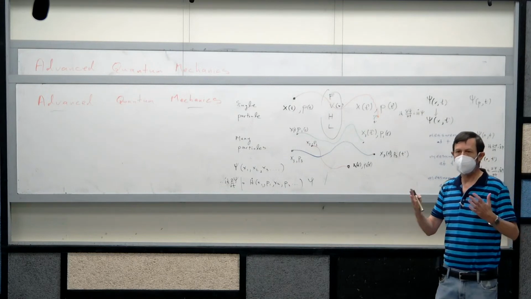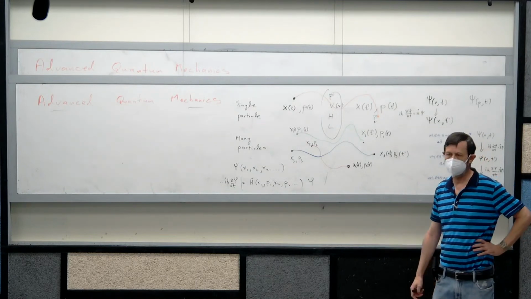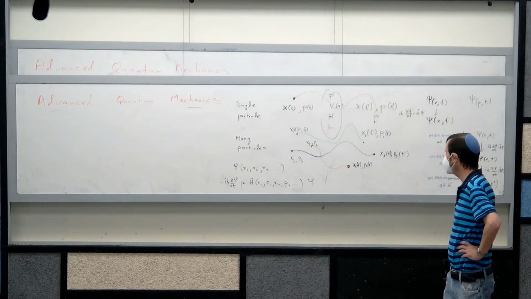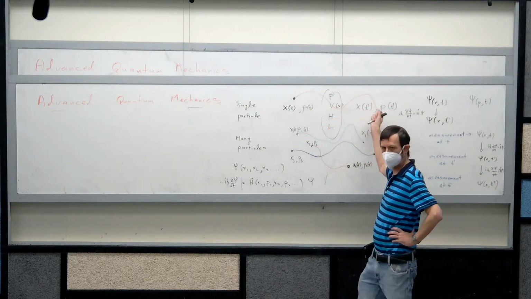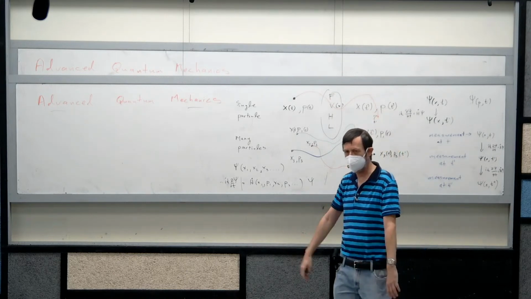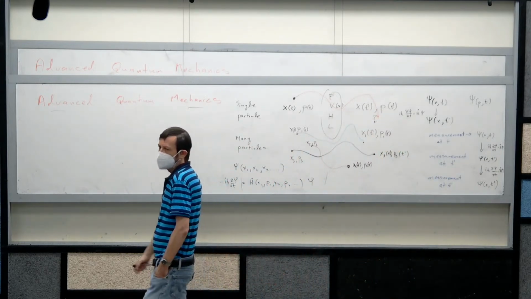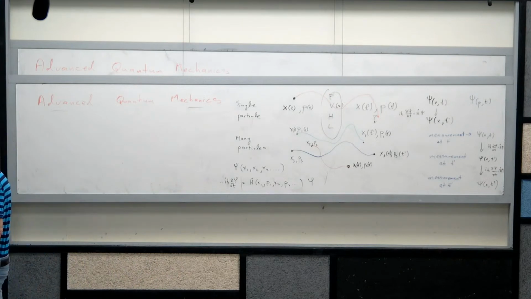And instead of asking the question about what is the probability of finding a particle at x and p at time t psi, I will ask myself, what is the probability of finding the first particle at position x1, the second at x2, the third at x3, and so on and so forth.